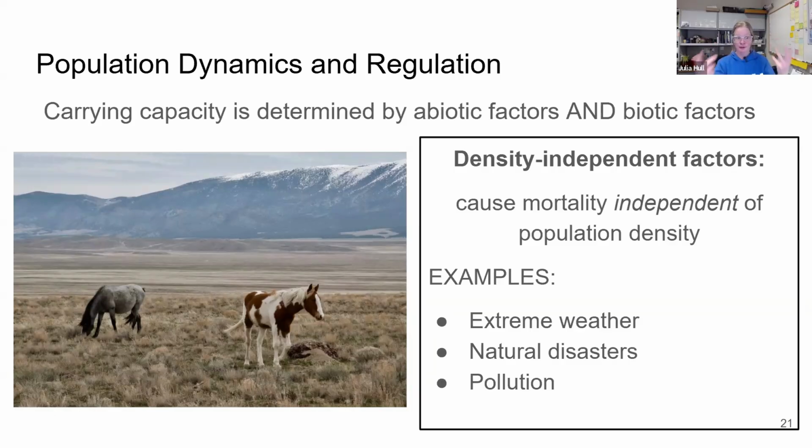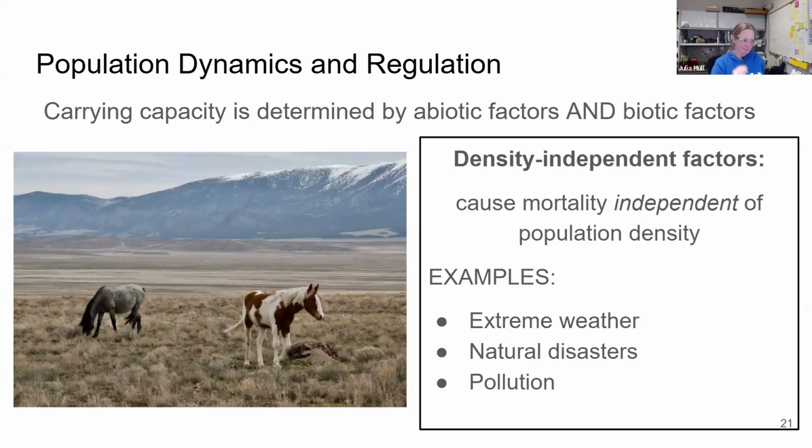And the amount of lead exposure that a California condor gets does not depend on how many condors there are in a given area. Mostly it's human activity that causes California condor death.